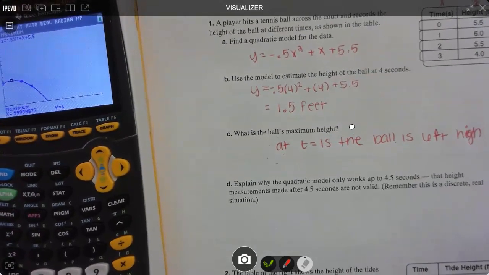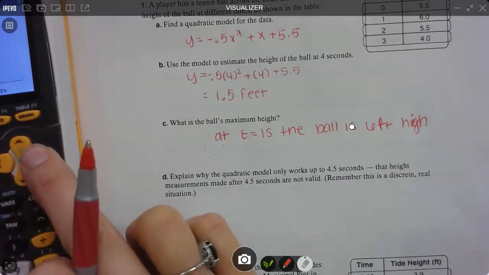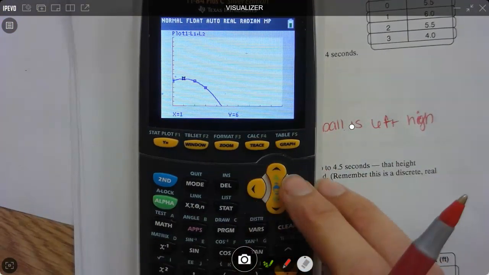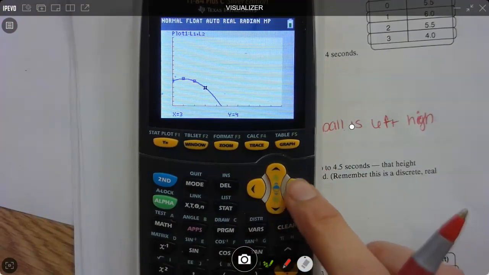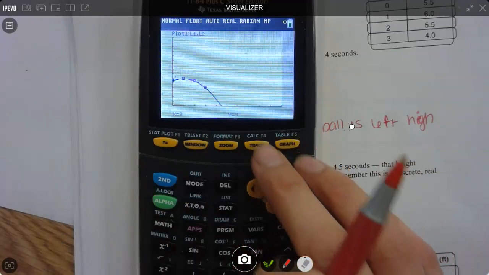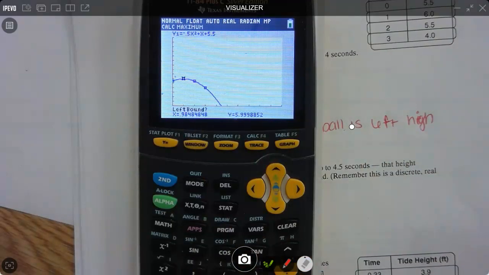And then it says, explain why the quadratic model only works up to 4.5 seconds. If you again follow the flight in the path of the ball, it goes down through the curve here. If you go to second trace and value, you can hit 4.5.